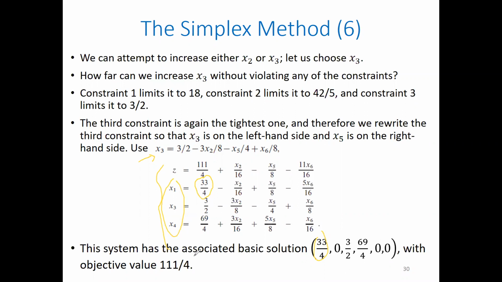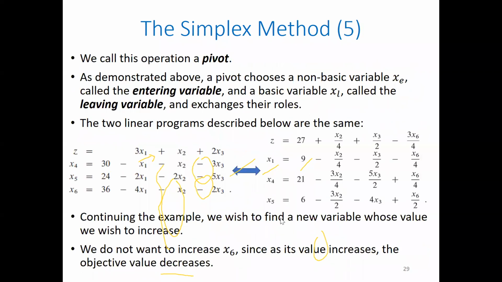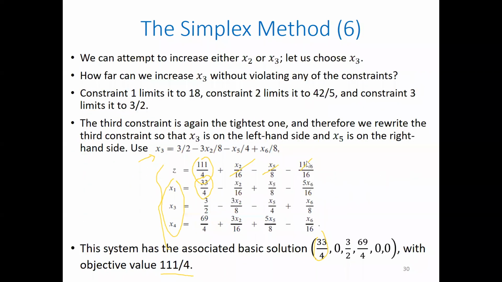If I plug these values into my z, x1 is not there, x2 is 0 so this cancels off, x3 is not there, so the only value that remains is this value, and this is the amount that you have increased z to. Previously, z had become 27, and now we increase it to 111 by 4. So we keep increasing it every time.